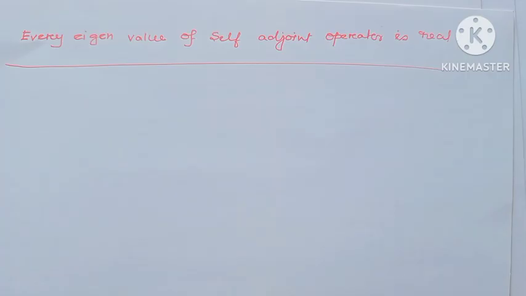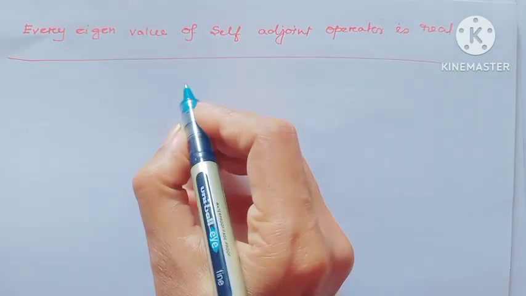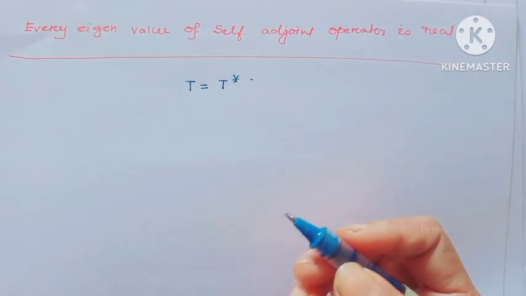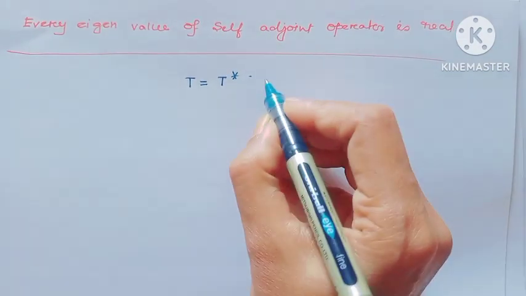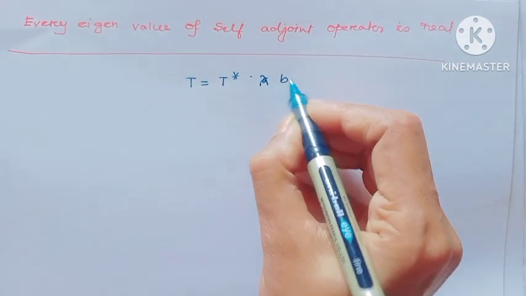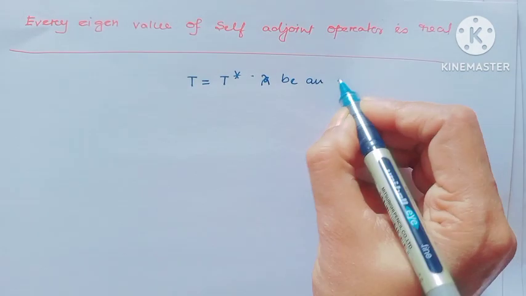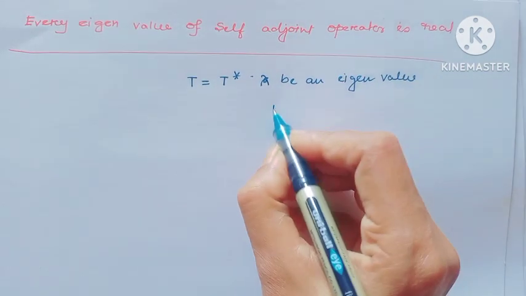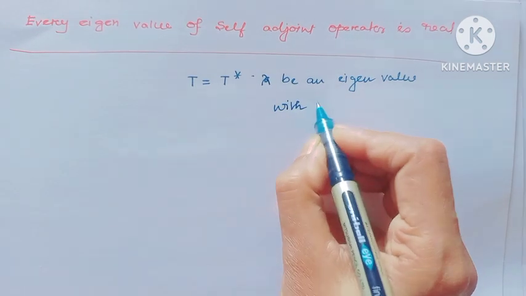Now I will say every eigenvalue of a self-adjoint operator is always real. When the operator is self-adjoint, that means T equals T star, and let lambda be an eigenvalue with eigenvector v.